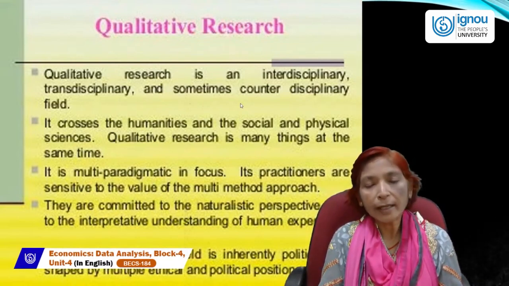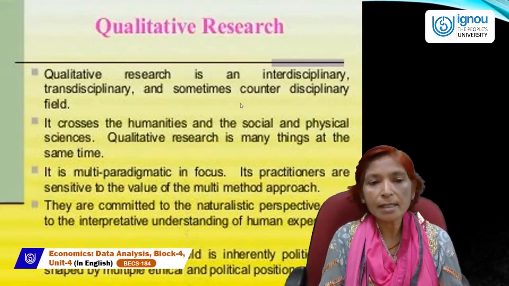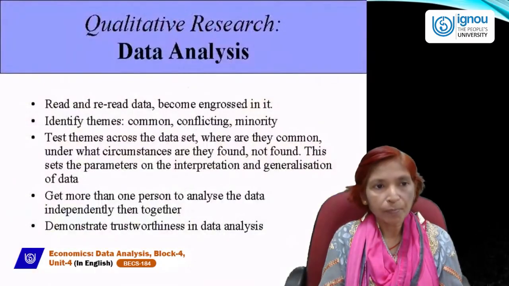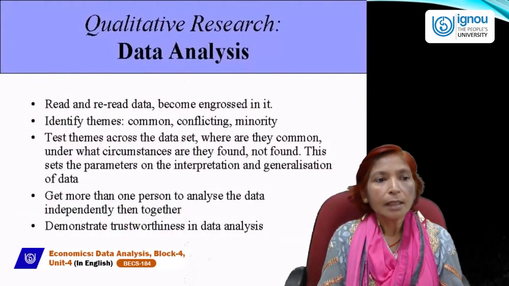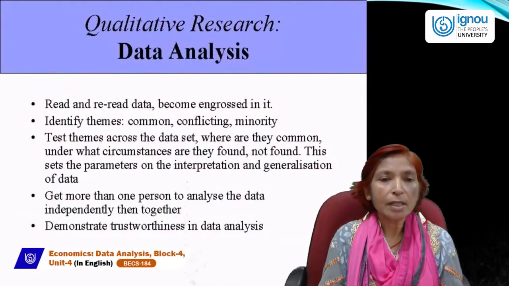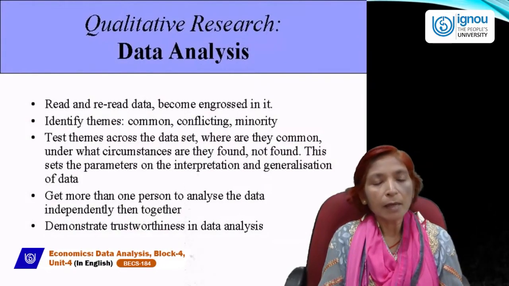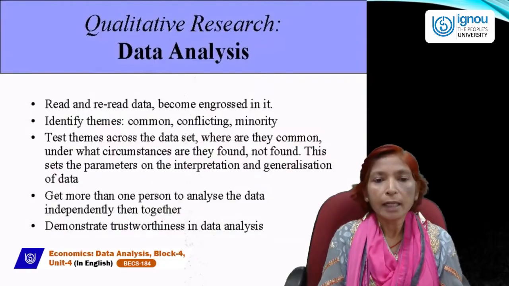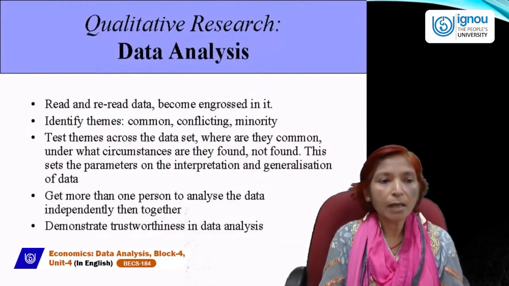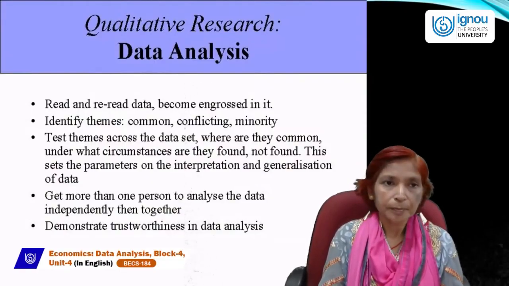It crosses the humanities and the social and physical sciences. Qualitative research is many things at the same time. In qualitative data analysis, data can be read and reread, the researcher becomes engrossed in it, and identifies things that are common, conflicting, minority, etc.